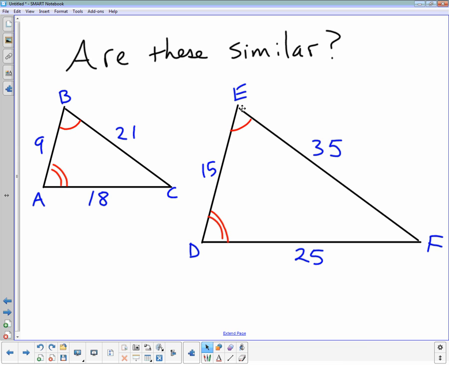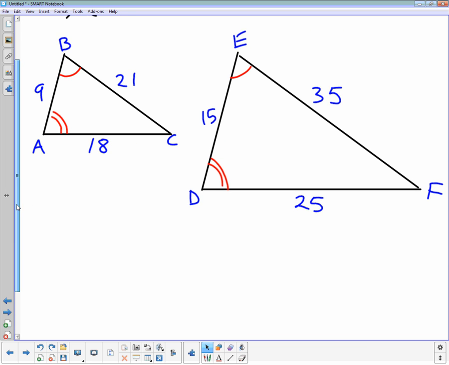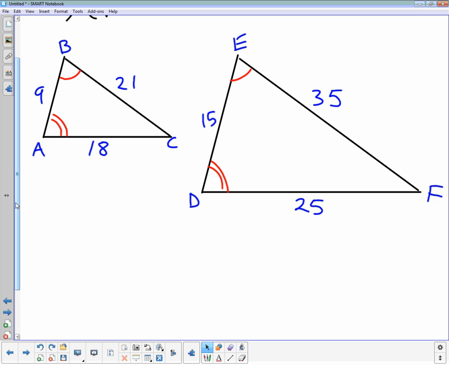Okay. Now, if they're similar, then the scale factors have to be the same. You can't blow up something twice as big for one side and then 3 times as big for the other side. Everybody has to be the same times as big as his neighbor.